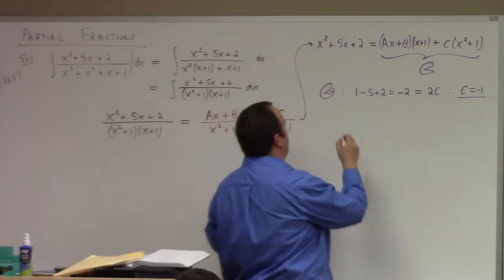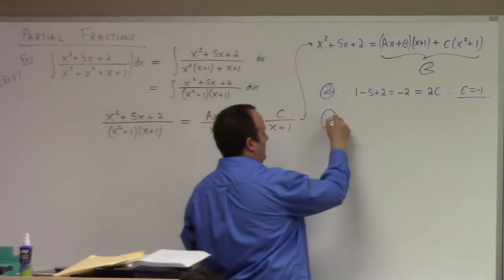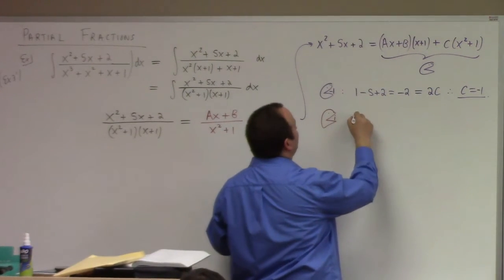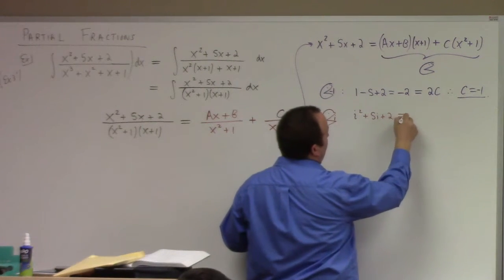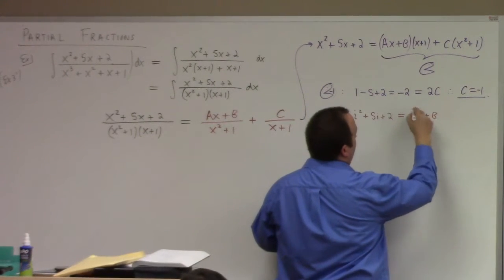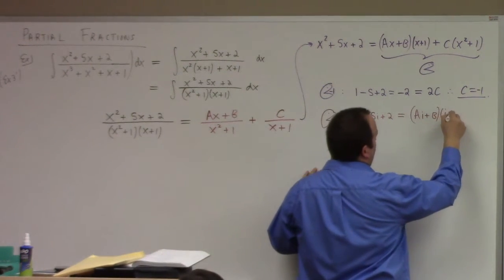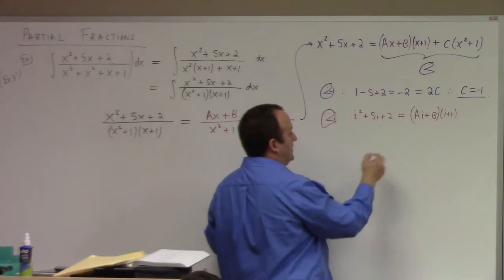All right. Pac-Man has an imagination, so we'll feed him i. And that gives us i squared plus 5i plus 2 is equal to ai plus b times i plus 1, plus c times 0.